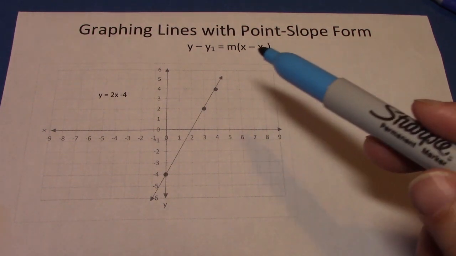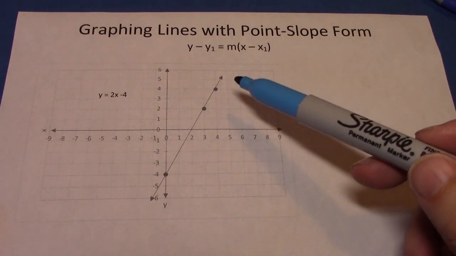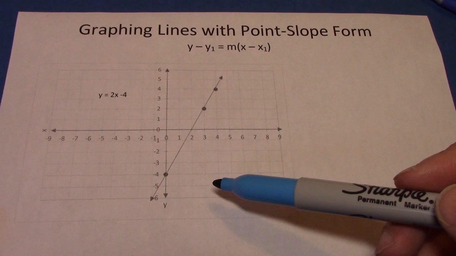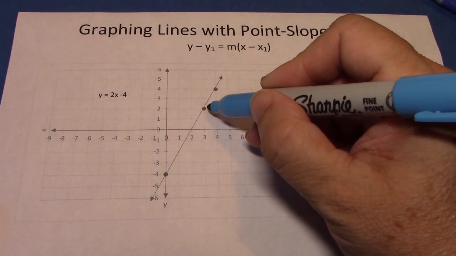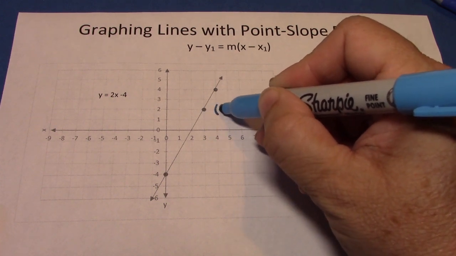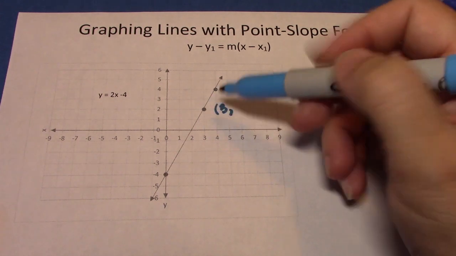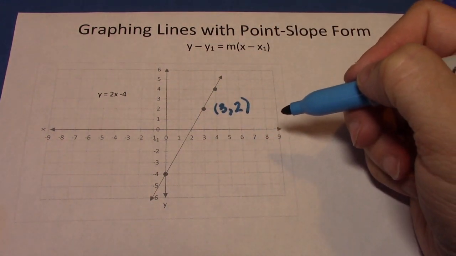There's another way to find the equation of a line, and that's when you know the point and the slope, so we call it the point-slope form. So let's find a point on this line, and we can use this one. This is where x equals 3 and where y equals 2. So it's the location 3, 2.